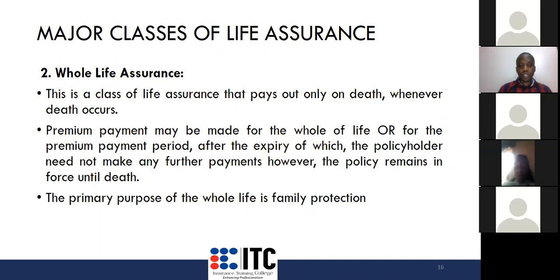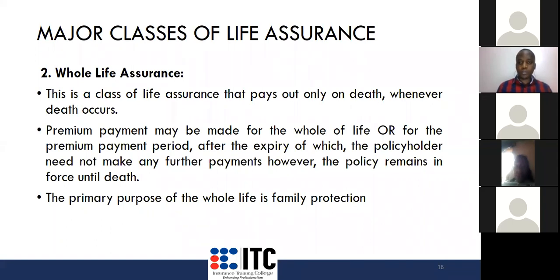When we look at maturity, there is something to be paid out. There's a benefit to be obtained. So we'll see an example where there's a maturity. For now, the kind of products that we're looking at, with the term assurance and whole life, there is no maturity, but there's expiry.